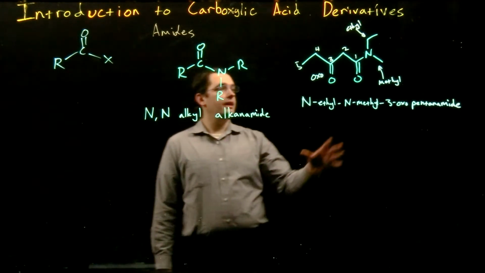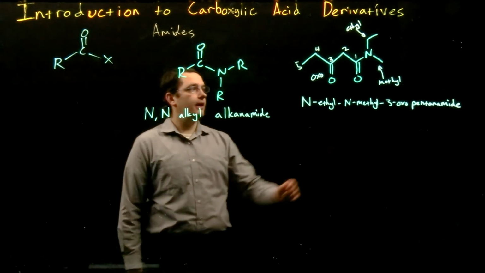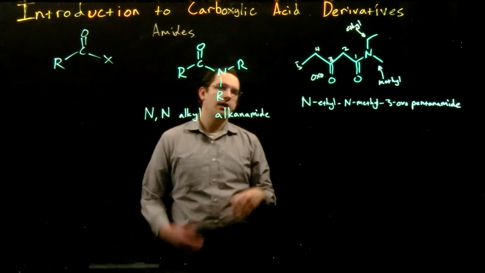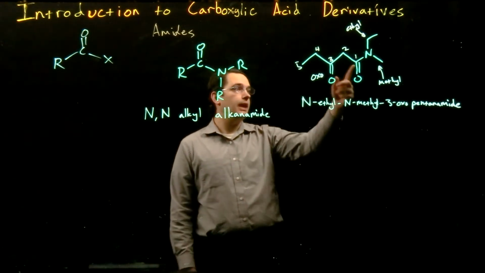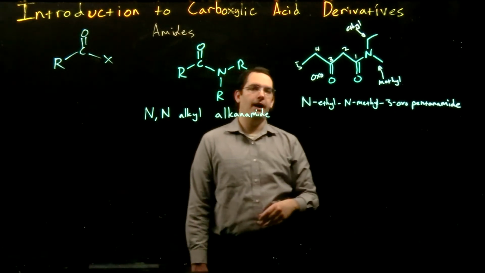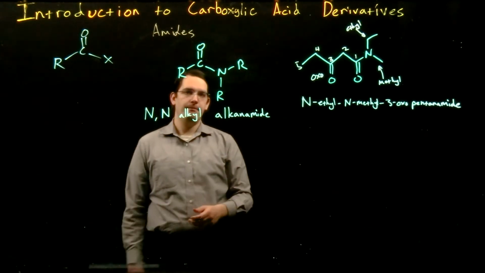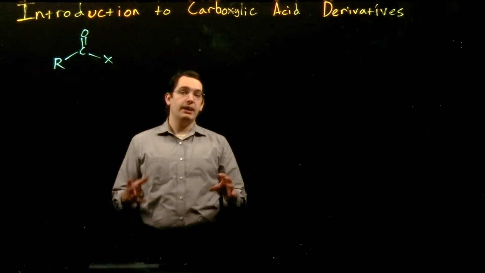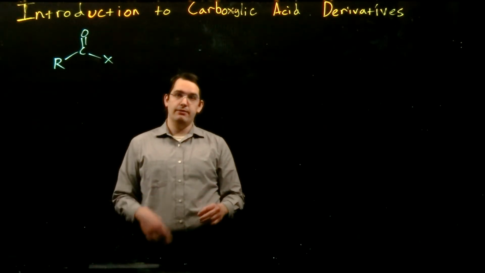Amides, as you can see, are a little bit more complex because of those multiple possible carbon substituents that we can have off our nitrogen, in addition, of course, to whatever complexity we have on our main parent chain. So at this point now, we can name all of our different carboxylic acid derivatives.